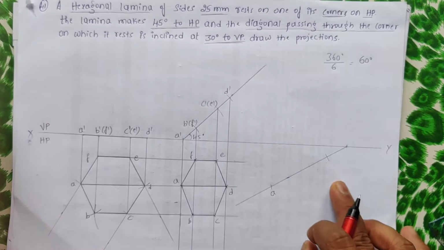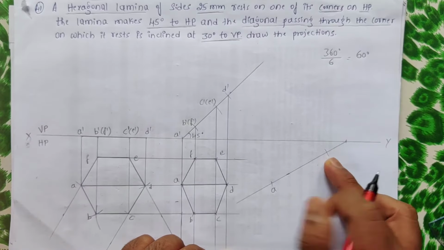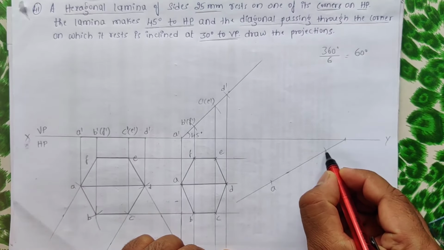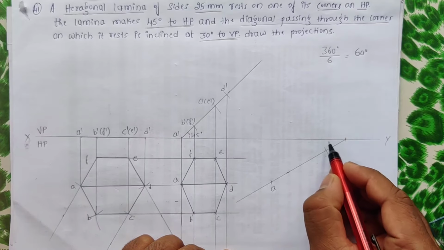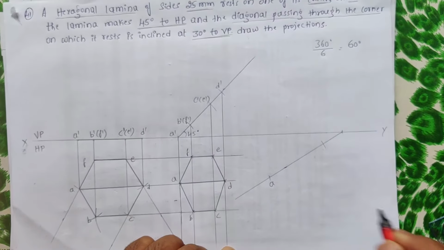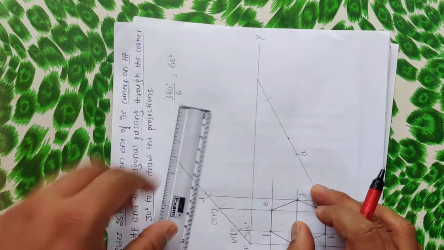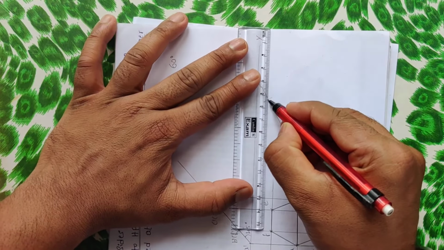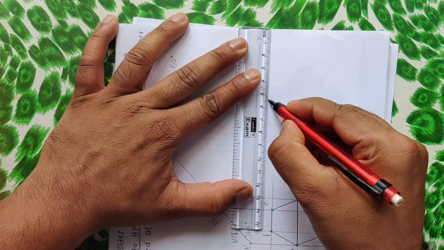So now from this point a line should pass through this point, and that line should be parallel to the XY line. Okay, so I'll draw a line from this point which is also parallel to the XY line.